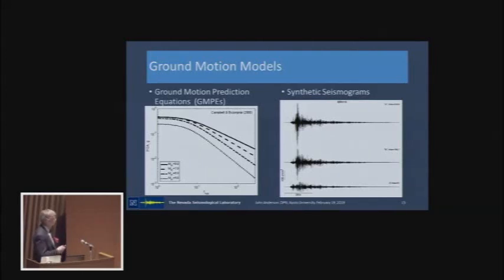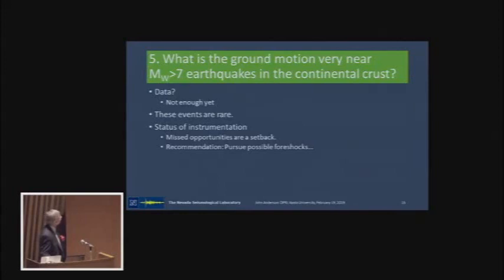Ground motion prediction equations, this is one example of a model, where on the horizontal axis we have distance, on the vertical axis we have peak acceleration, and different lines for different magnitudes. And so let's look at the issues associated with those first.